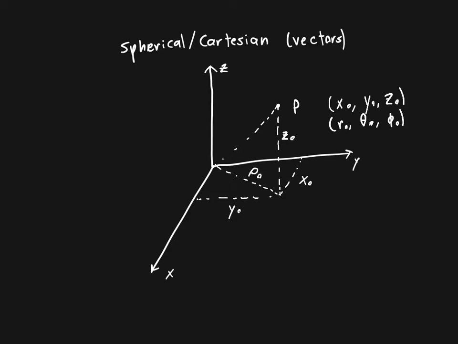And rho is a cylindrical coordinate. It's used to measure just the distance from the origin to the corner of the xy coordinate, basically. And you've also got your theta. I'm going to drop the naught notation because it's getting kind of annoying. And you've got your phi.